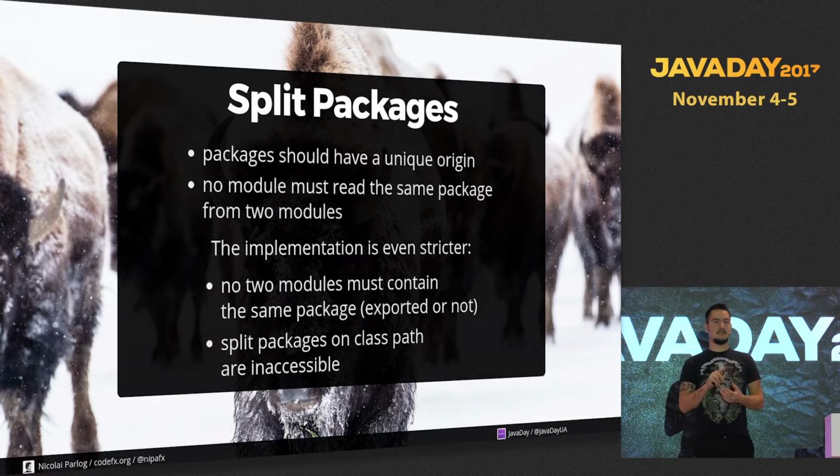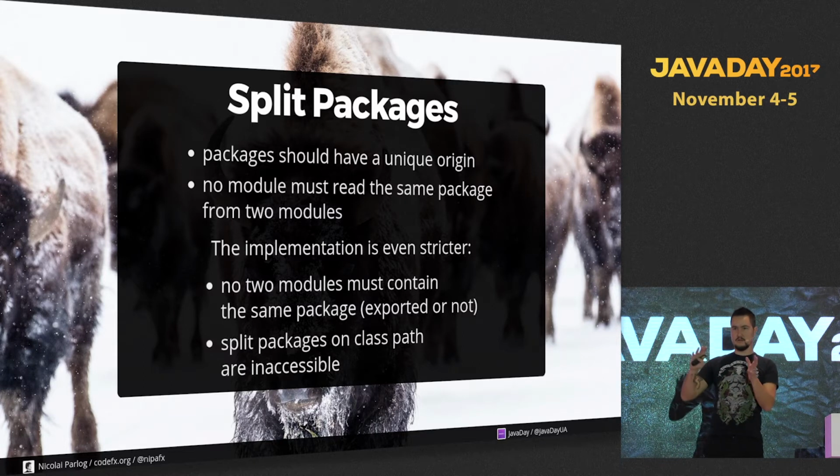The interesting thing is that this behaves differently if part of the split is across modules or between a module and the class path. If the split is between modules, then the Java command will tell you at launch time or at compile time that you have a split package, because it scans modules. It does not scan the unnamed module, because the unnamed module contains all this legacy code and is not fit to be scanned anyway.